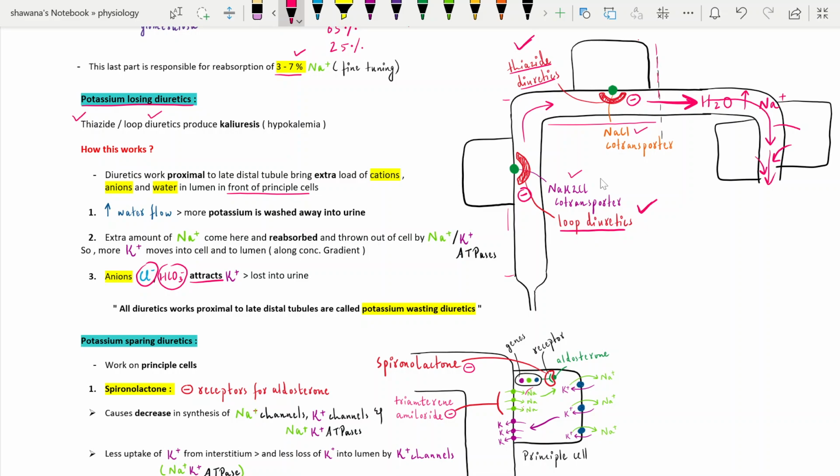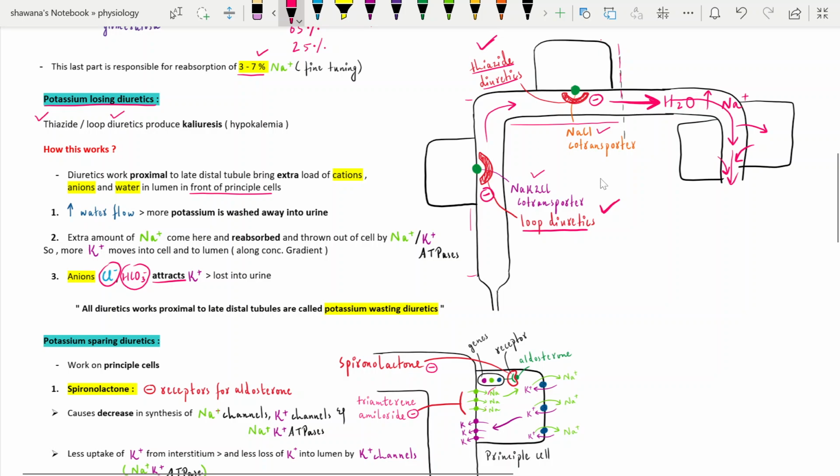As you know, on the principal cell basolateral membrane, there are sodium potassium ATPases. They are constantly throwing the sodium out. The concentration of sodium inside the principal cell is decreased and the concentration of sodium in the lumen is increased due to the effect of thiazide and loop diuretics. Sodium will move into the cell and it will be thrown out of the cell by the sodium potassium ATPase.